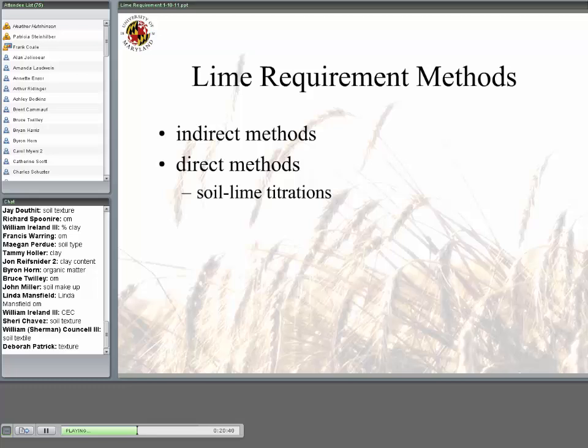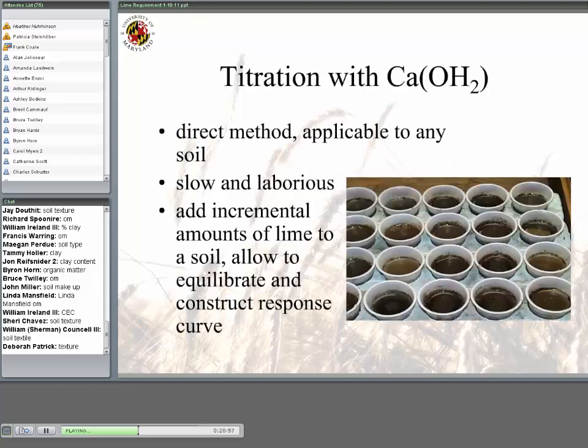So there are also direct methods that were developed, and the first one I'm going to talk about is the soil lime titration. It's taken on a new life in the last decade when some states are going back to this. So I'll talk first about that.